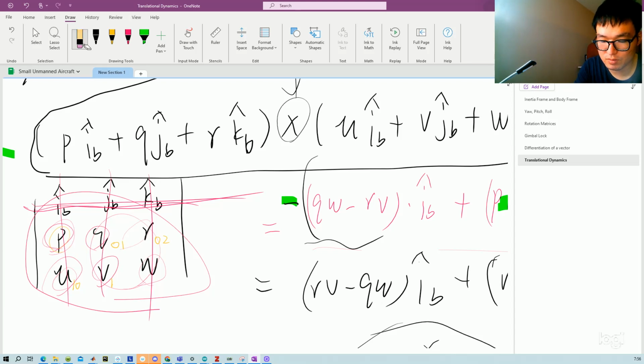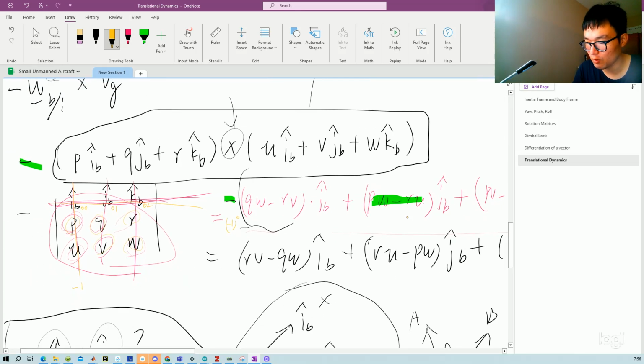Sorry, I made a mistake again. You have to note the position that you cross out. This is 0 0, this is 0 1, and this is 0 2. So when you cross out this one and apply the shortcut, this is QW minus RV, and then you multiply it by -1 to the power of 0.